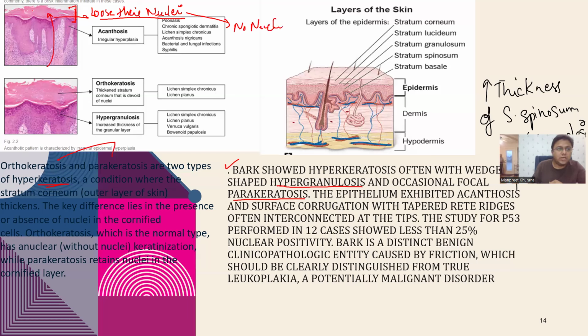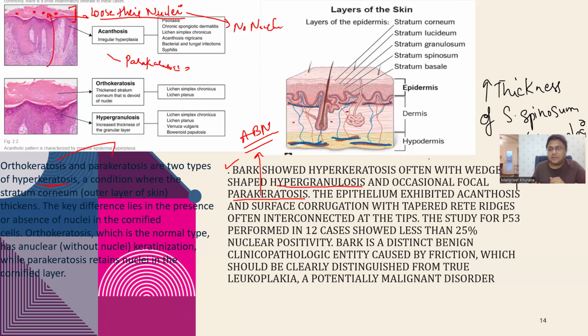But if you see nuclei present here, right, then it is known as parakeratosis. So I would say the abnormal one is parakeratosis, which has nuclei in the cornified layer. So again, parakeratosis is the abnormal one and orthokeratosis is the normal thickening of the stratum corneum.